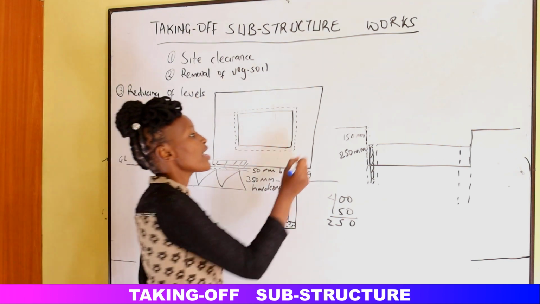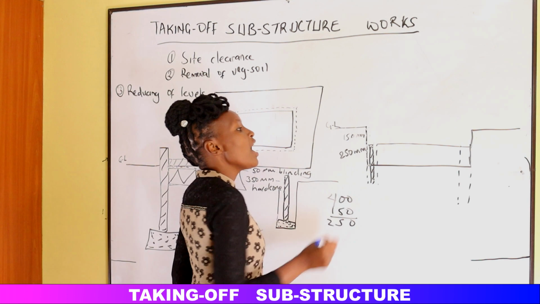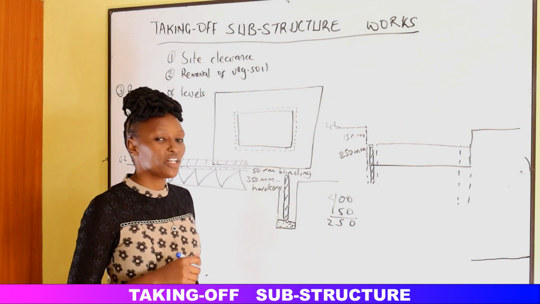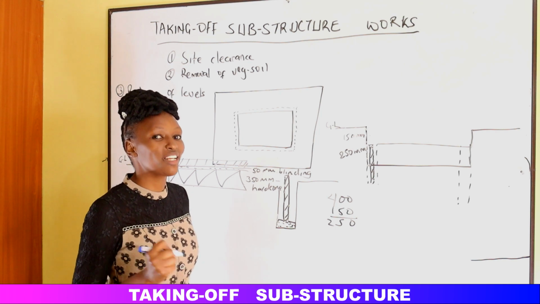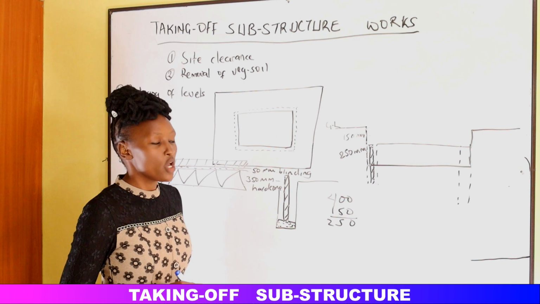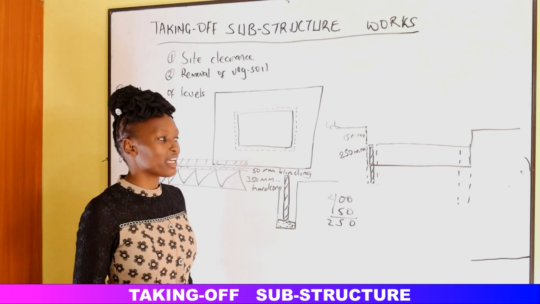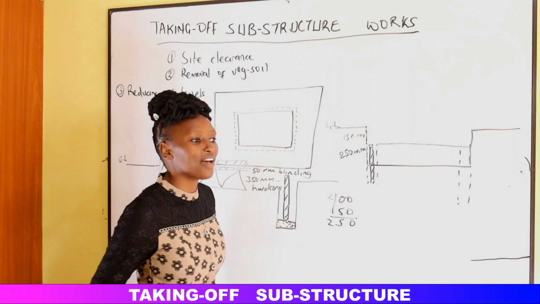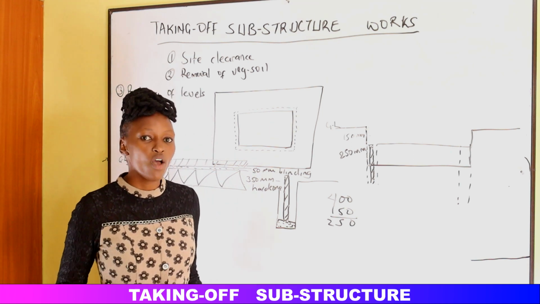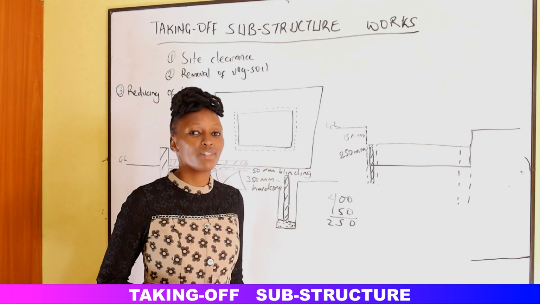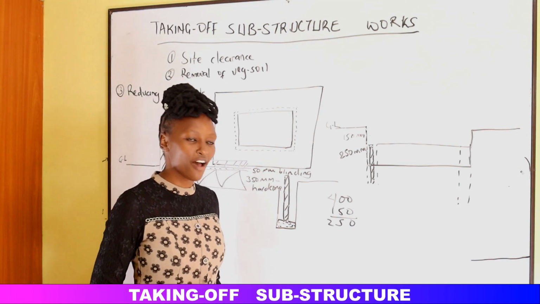First of all, here we have the ground level. After removal of the vegetable soil, we usually call it stripping the ground of the vegetable soil. So how do we strip? It's like the ground had a cover, covered by the vegetable soil. Once we remove this vegetable soil, we say that we have stripped the ground of its cover.